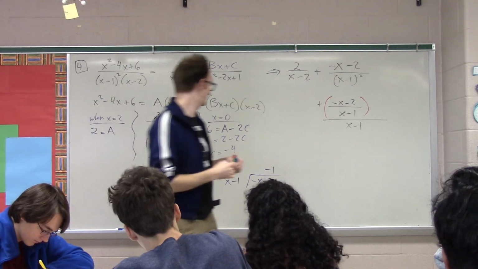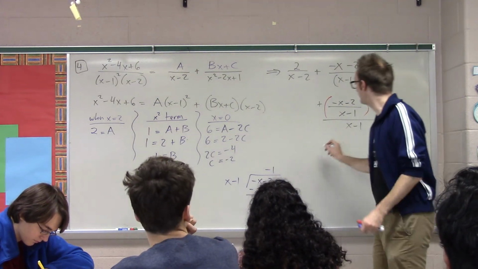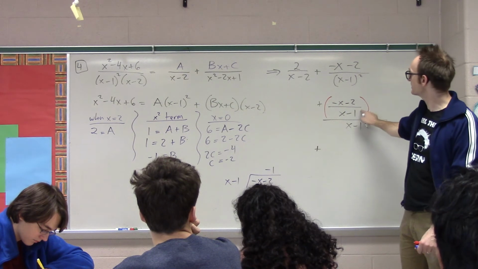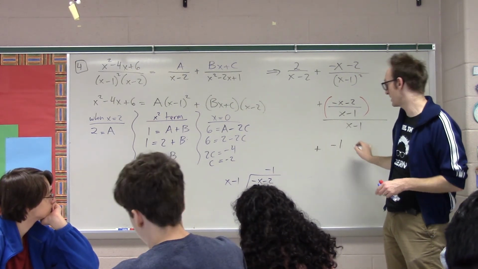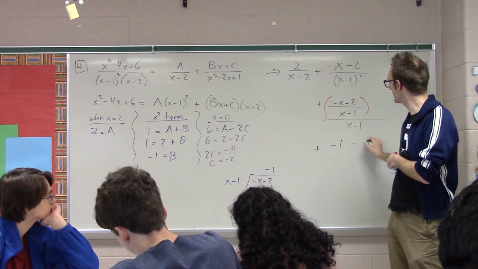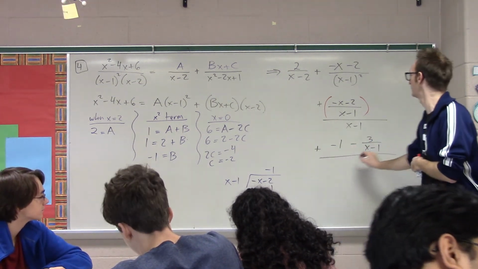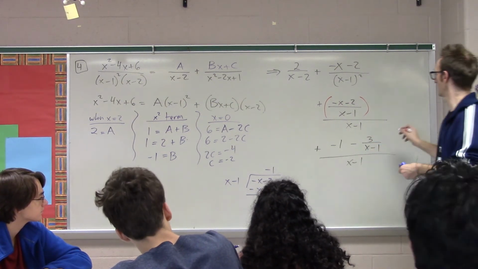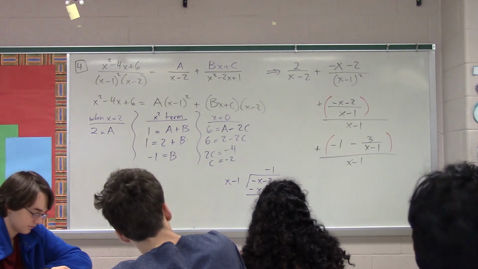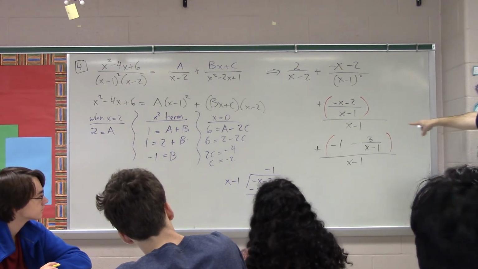So the point of doing that is to observe that therefore I can rewrite everything that just happened in red as negative 1 minus 3 over x minus 1, but that's all over x minus 1. In other words, I just took the thing in red, did polynomial long division, and rewrote it.